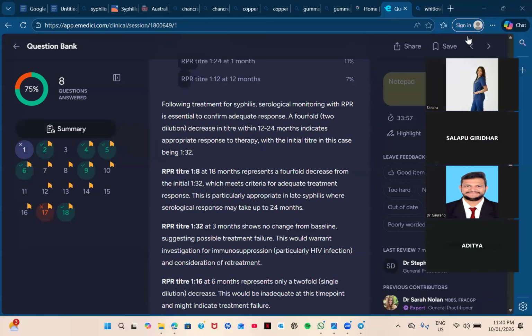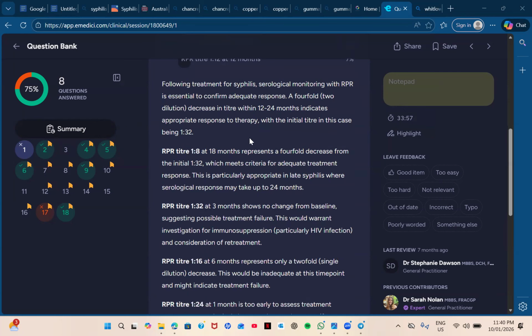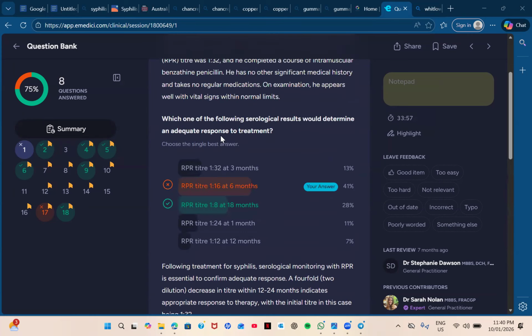So the thing is, it should be a fourfold decrease, like 2 dilutions, in the titer within 12 to 24 months to indicate appropriate response to the therapy. The initial titer in this case is 1:32, right?